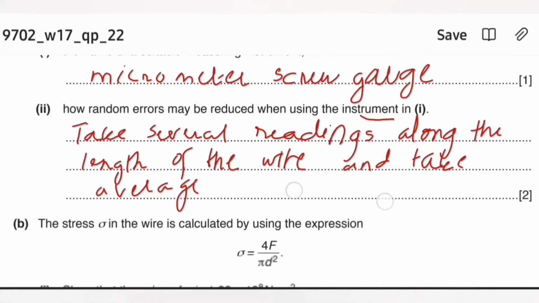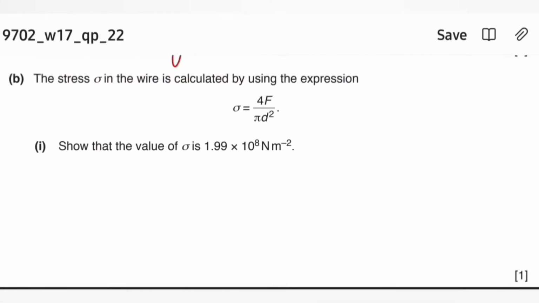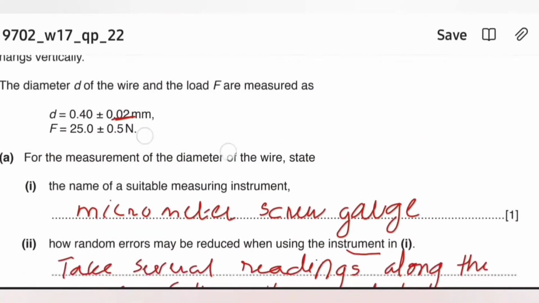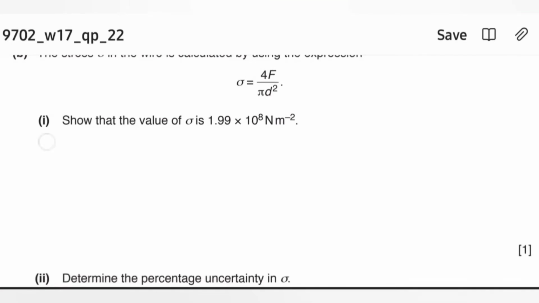The stress in the wire is calculated using the expression. Show that the value of stress is 1.99 × 10^8 N per meter squared. Firstly, take the values given above in the question and plug them in.